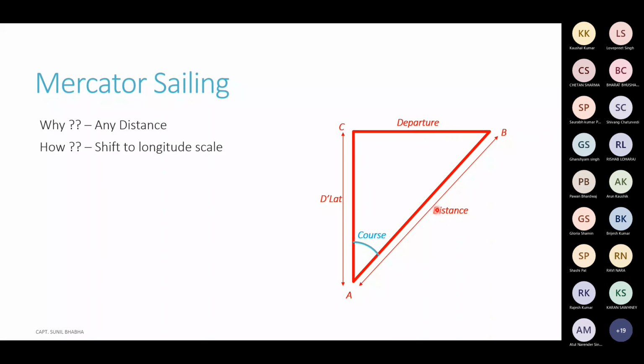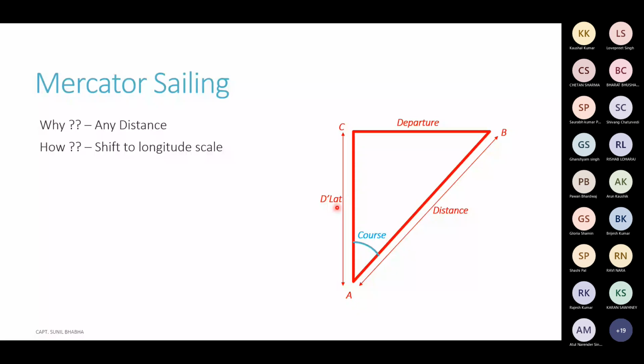Now, if you look carefully, distance is measured as minutes of latitude. One minute of latitude is equal to one nautical mile. So we measure this side in units of latitude. Coming to the vertical side, AC, we measure it as D-lat.